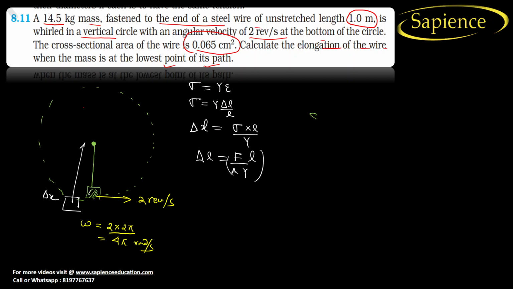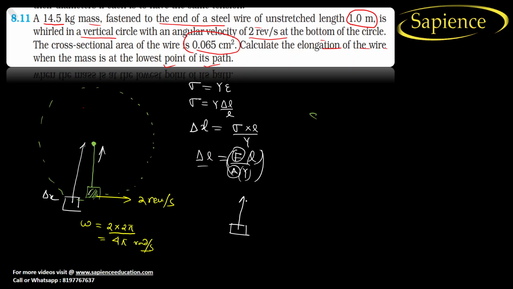Since we have got the elongation formula, we need to find the force. Area is given, Young's modulus of elasticity we know, L is given. So we need to find the force, meaning how much force is acting here. If we draw the free body diagram, let us consider this is the mass.